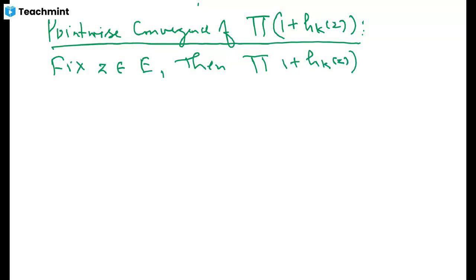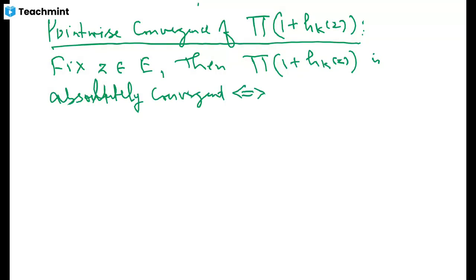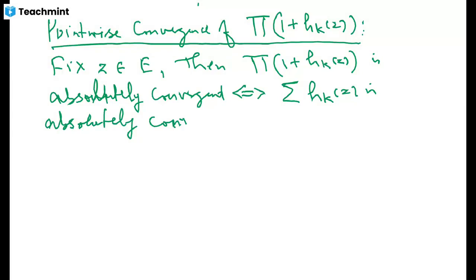And we know that this product is absolutely convergent if and only if summation h_k(z) is absolutely convergent. This is the necessary and sufficient condition for the absolute convergence of an infinite product of numbers.